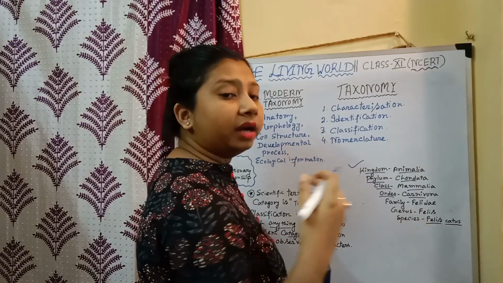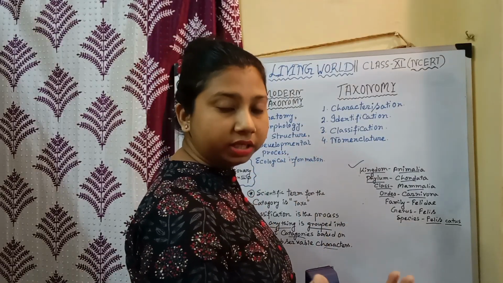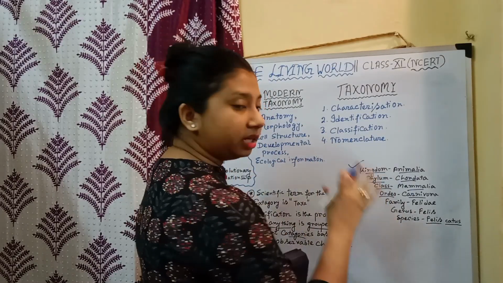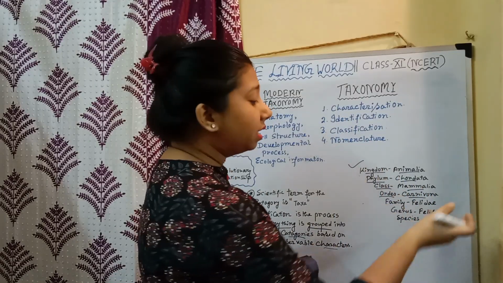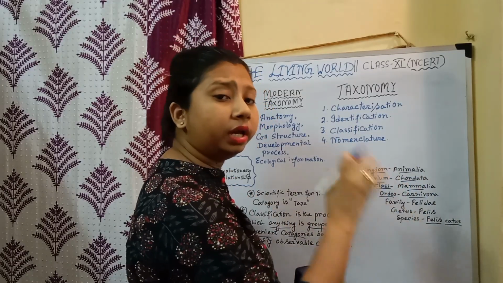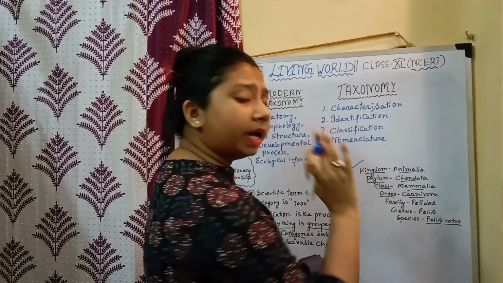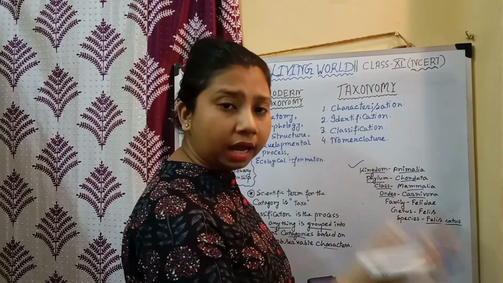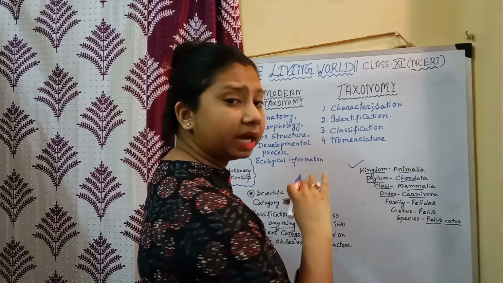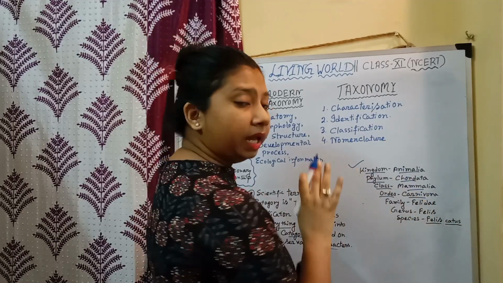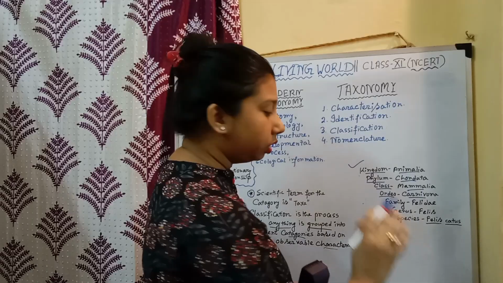As the cat eats flesh, we can place the cat into order Carnivora also. Order Carnivora comprises dog, lion, tiger, all the animals that are carnivorous. So as the cat is carnivorous, we can place the cat into order Carnivora.